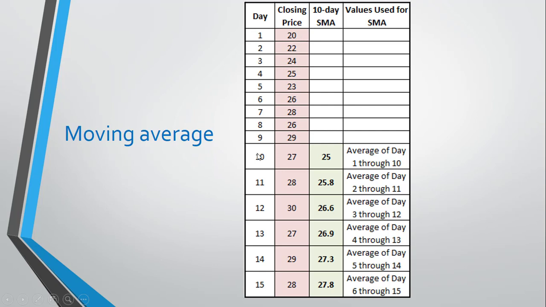Then on day 10, we take day 10's closing price, and for the 10-day simple moving average, we average all the 10 days of data and get 25. That is the average of day 1 through day 10.